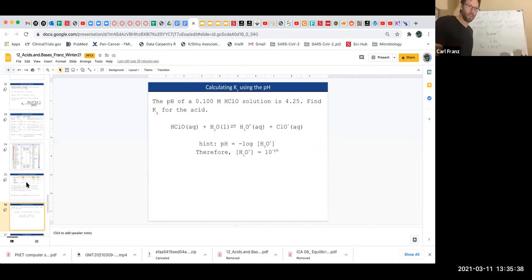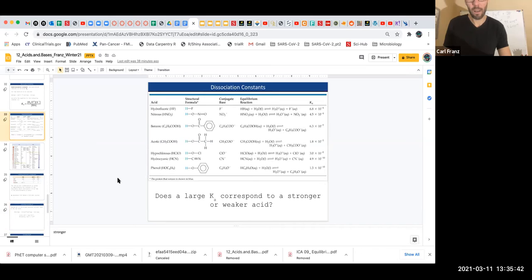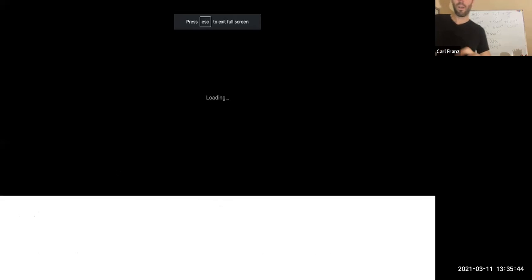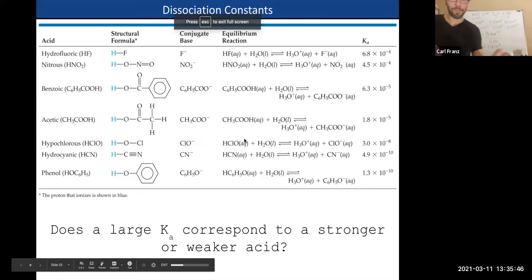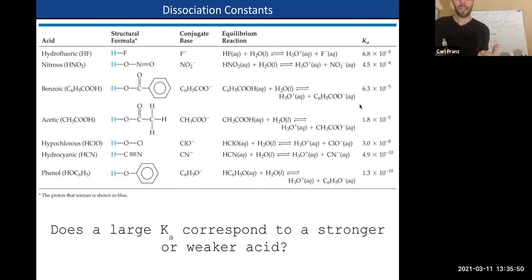Well, if you look up here at this slide we had, we said that acids get weaker as the Ka gets smaller, and hypochlorous acid, which is the acid that we were working with, has 3.0 times 10 to the negative 8. We calculated 3.16, so we were pretty spot on, okay?